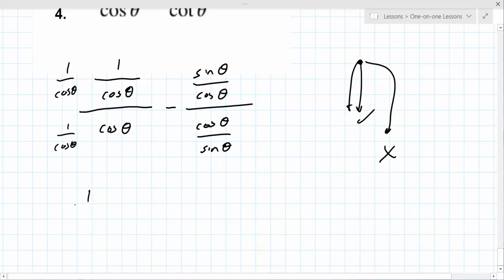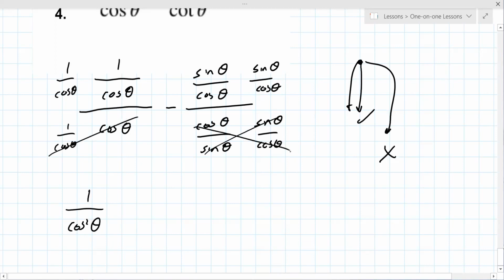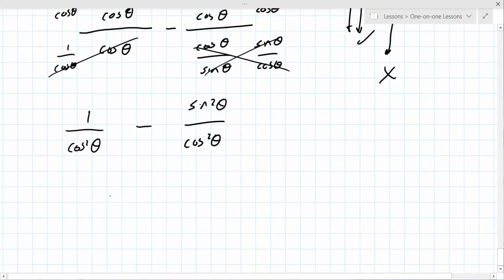And that produces a 1 over cosine squared theta. On the right here, this is sine theta over cosine theta, sine theta over cosine theta, and in both cases the bottoms cancel. Minus sine squared theta over cosine squared theta. Notice that these have the same bottoms, so you can write this as 1 minus sine squared theta over cosine squared theta.